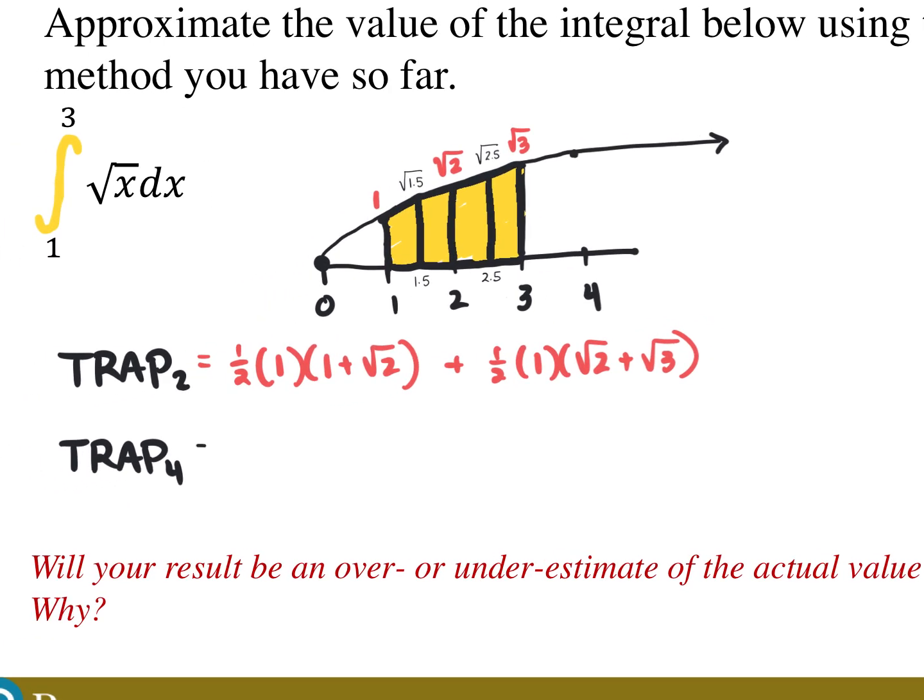So my first trapezoid is 1/2 with a base of 0.5, and my heights would be 1 plus the square root of 1.5.